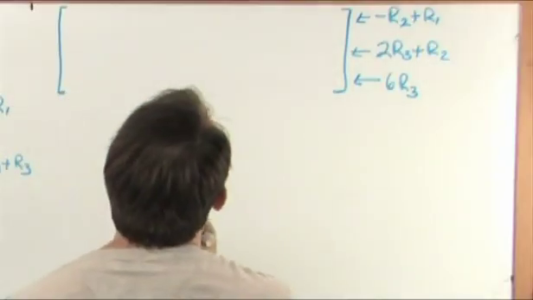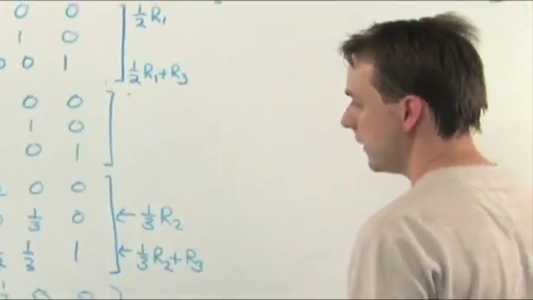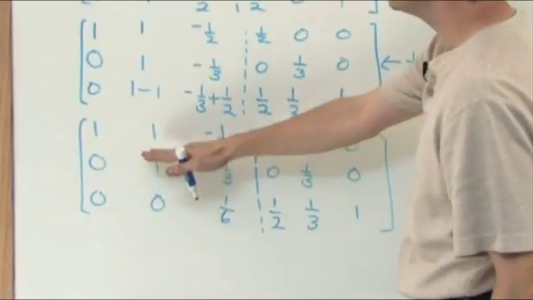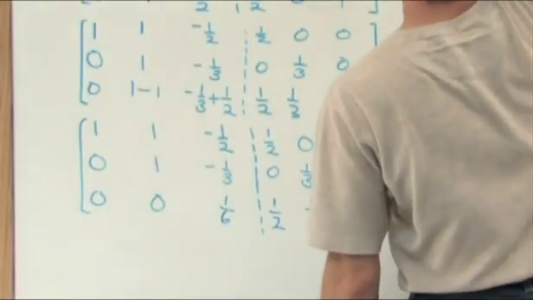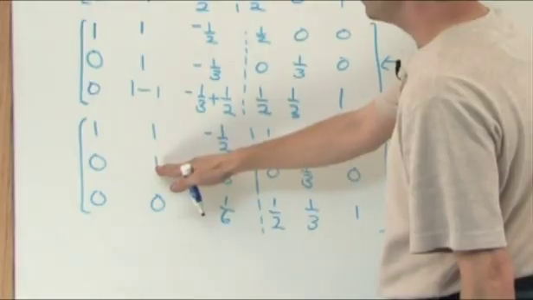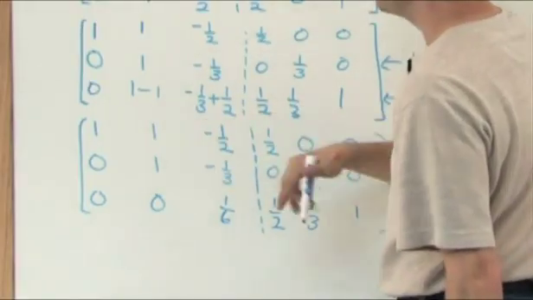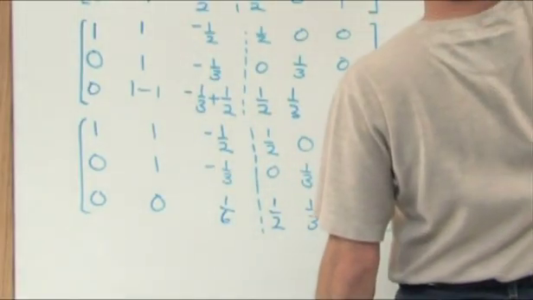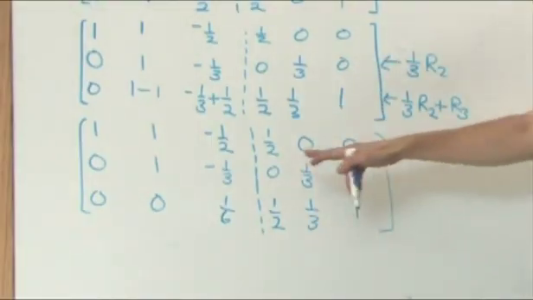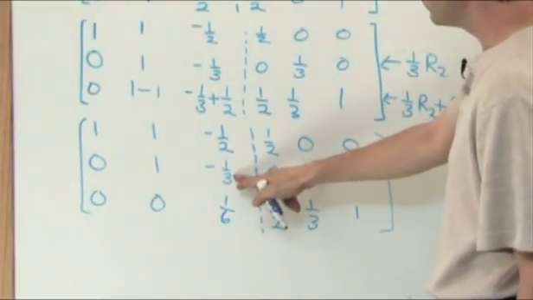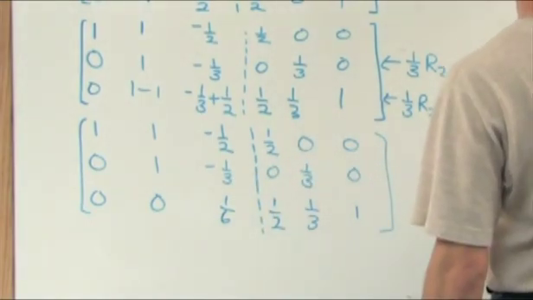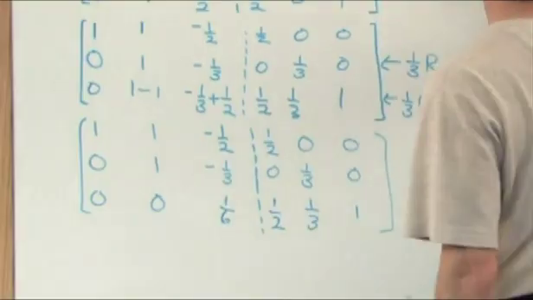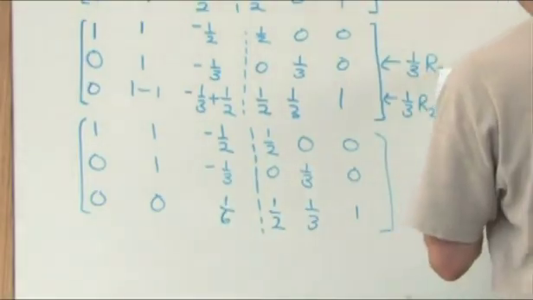First thing we need to do is take the negative of the second row and add it up here. So negative of 0 is just 0, plus 1 is just 1. Not going to really change anything. Negative of this, -1, plus that is just going to give you -1 plus 1. That's what we're trying to accomplish. -1 of the -1/3 is going to give you positive 1/3, so you're going to get positive 1/3 minus the 1/2 up there.